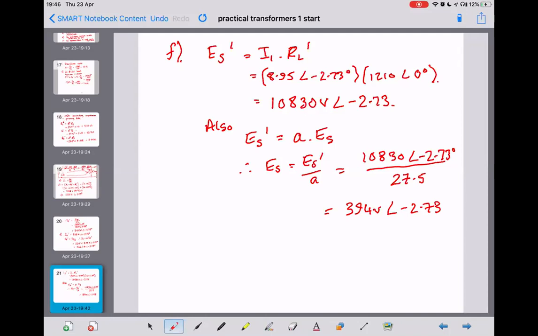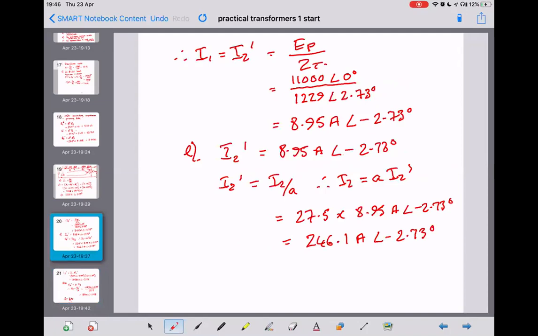So S is equal to I2 ES. I2 was 8.95, wasn't it? No, that's I1. Go back.